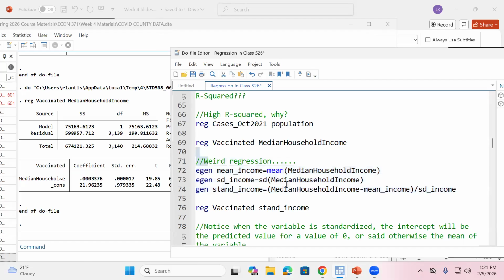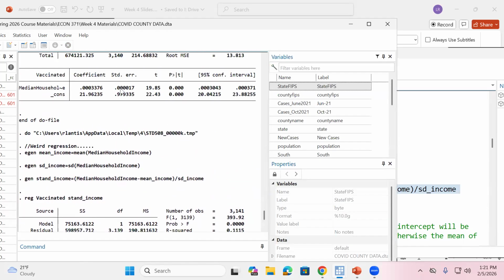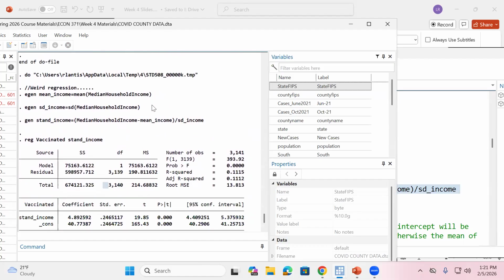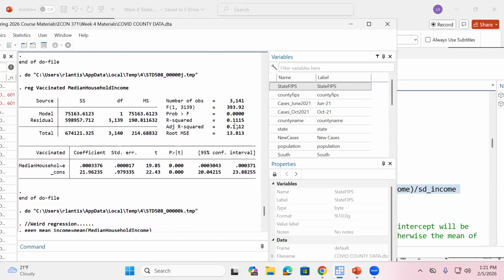If I were to now run this regression using the standardized value of income, I will get different coefficients because the unit now is not a dollar, it's being one standard deviation away from the mean. But in terms of my test statistic, p-value, and R squared, they're exactly the same as before. So scaling variables will change your coefficient size, but it won't change its statistical significance.